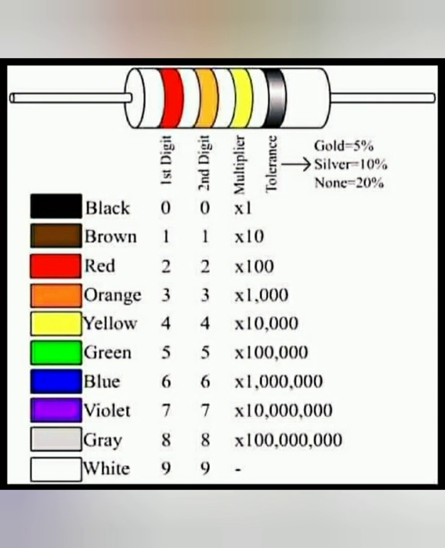Then for green, 5 zeros. Then for blue, 6 zeros. Then for violet, 7 zeros. Then for gray, 8 zeros. White has no zeros. And for tolerance, gold is 5%, silver is 10%. And if there is nothing, the tolerance level will be 20%.